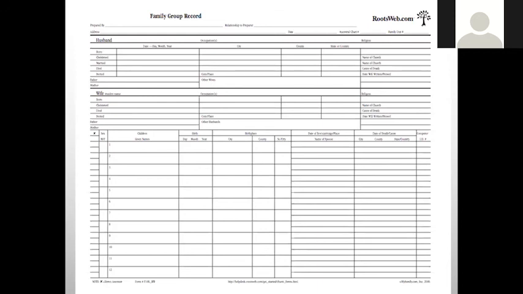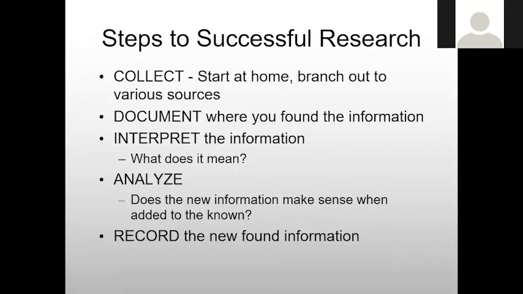Here again, with the children, you want to record their births, the year that they were born, and if you know any of the spouses. If there's any additional information, religious affiliation, military service, you can always use the back of the form to record this information. You don't want to lose any information.